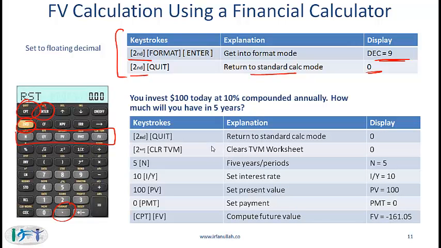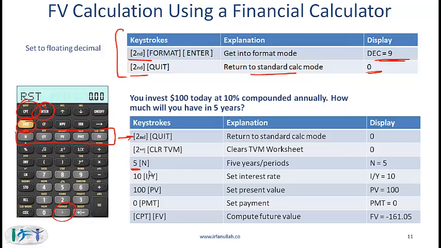Here is what you do. Second, quit, just to set the calculator in your standard mode. And then second, clear time value of money. This clears the time value of money worksheet. If you don't do this, then the calculator remembers what you did last time.